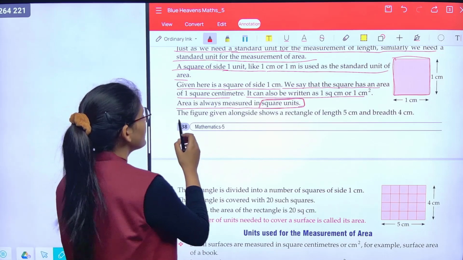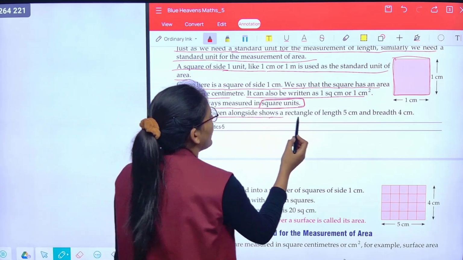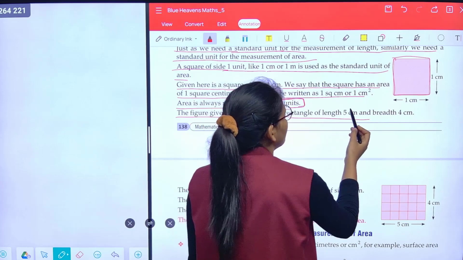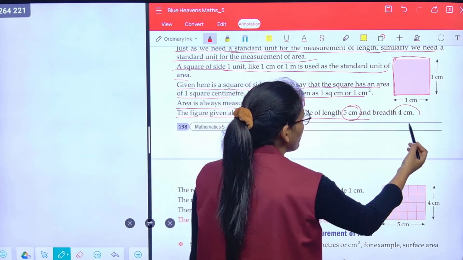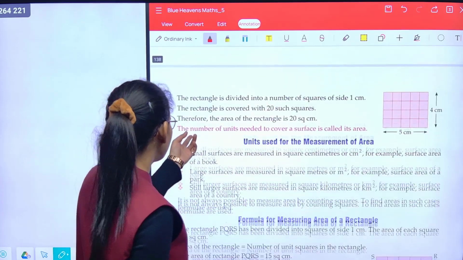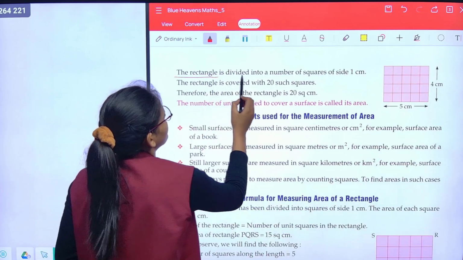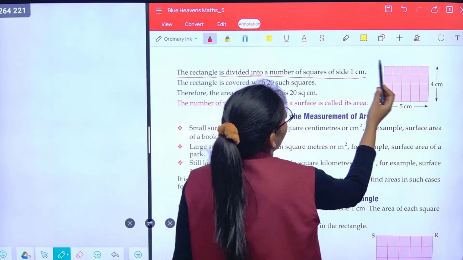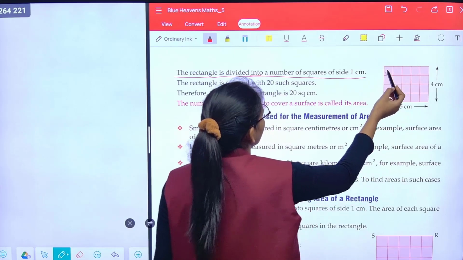Understand? The figure given alongside shows a rectangle of length 5 centimeter and breadth 4 centimeters. See, the rectangle is divided into a number of squares of side 1 centimeter.